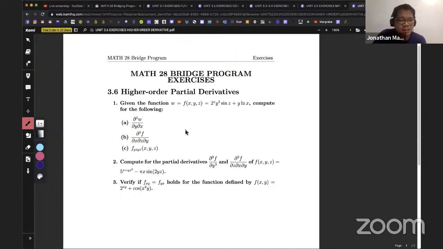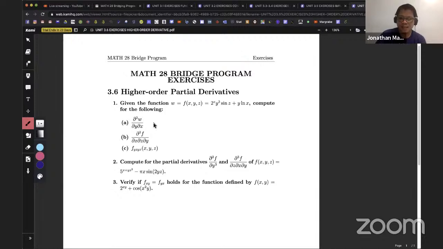Let's say we have this function, w equals f of x, y, z equals 2 to the x, y cubed sine z plus y ln x, and compute the following. From here, let's look at letter A, the second order partial squared of w over partial y, partial x.